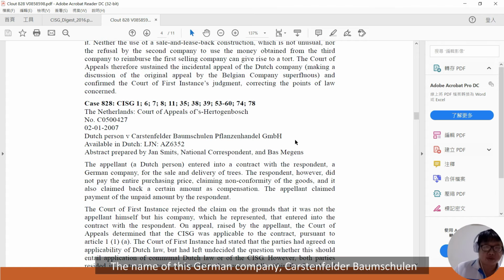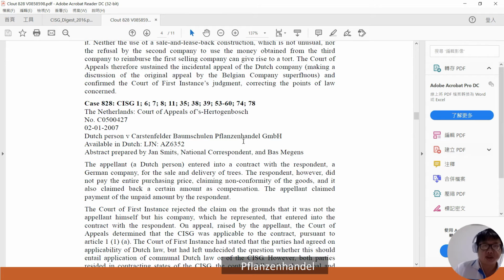The name of this German company is Kastenfelder Bauschulen, Pflanzenhandel. So they buy trees from this Dutch person.